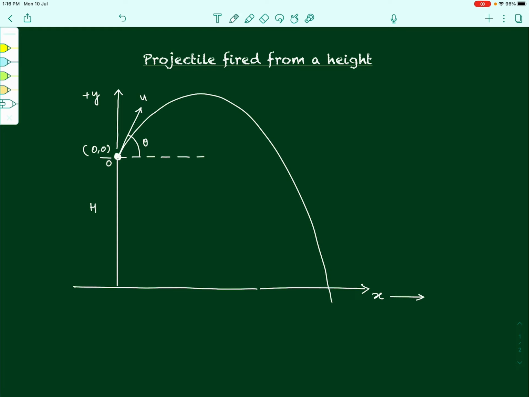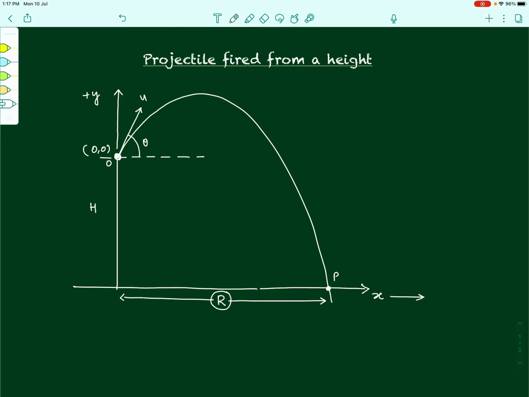In this case, understand that as the projectile reaches the ground, at this point, which we can call the point P, let's say the projectile hits the ground at a distance r away from the foot of the position where it was projected. This r, we know, is called the horizontal range of the projectile, right?